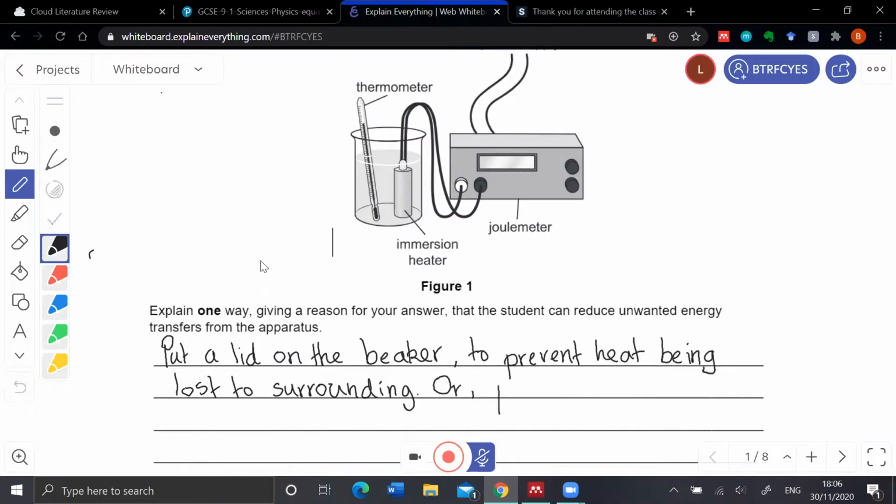Or place the beaker into an insulating surround, or you could obviously tape it to the outside, such as a styrofoam cup.